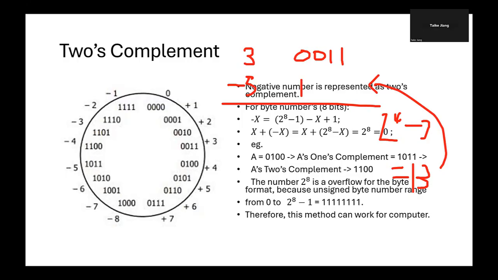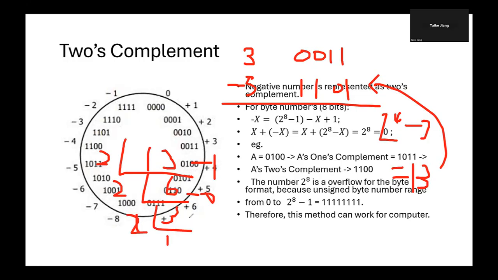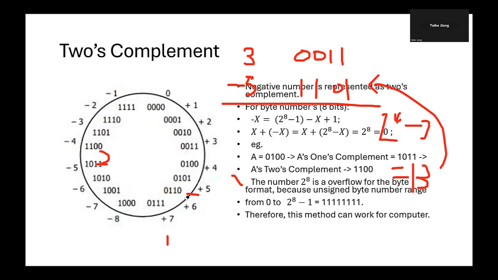So you have 1101. If you sum these two things together, you get 0 carry 1, 0 carry 1, 0 carry 1, 0 carry 1, and you get the same thing.